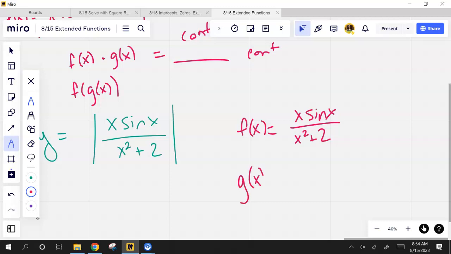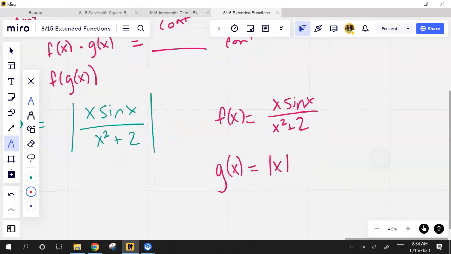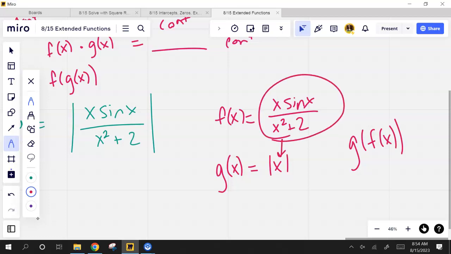What if I said that g of x is the absolute value of x? Is that a continuous function? Yes. Then by the properties of continuous functions, I can say that g of f of x, that's taking f of x and plugging it into g, which then looks like my original function, yes?